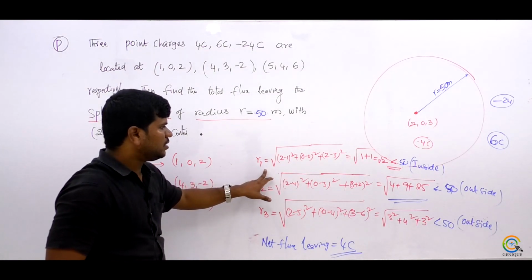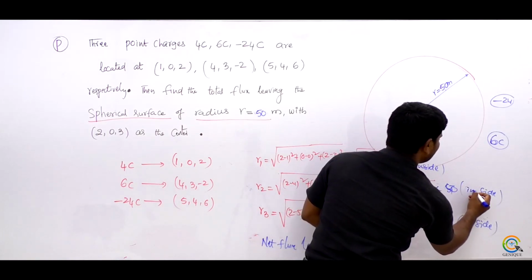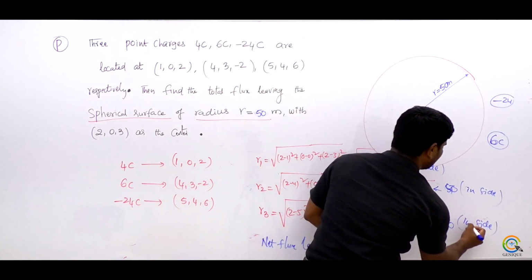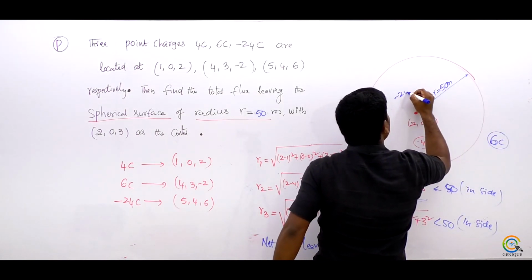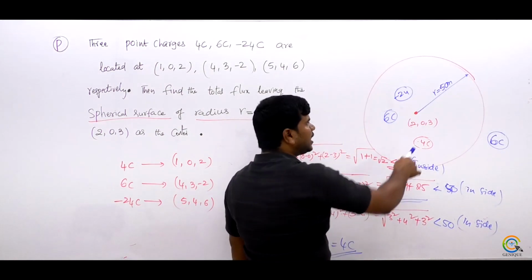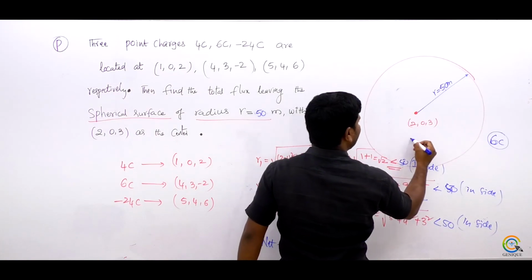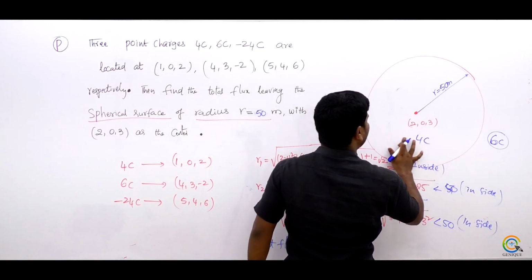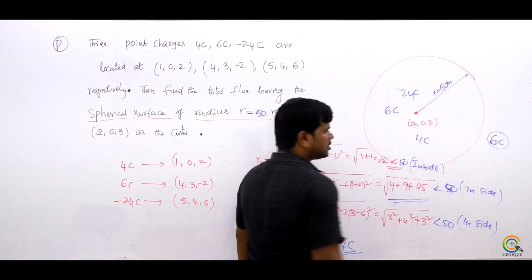For this one, it is inside. It is also inside. So all are inside the sphere. All inside the sphere means 4 coulombs, 6 coulombs and 24 coulombs are inside the sphere.